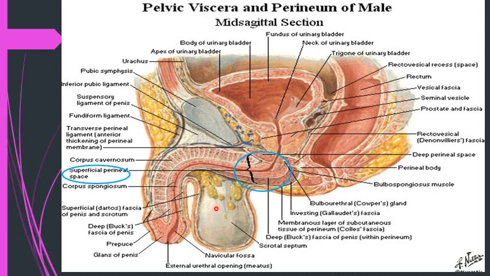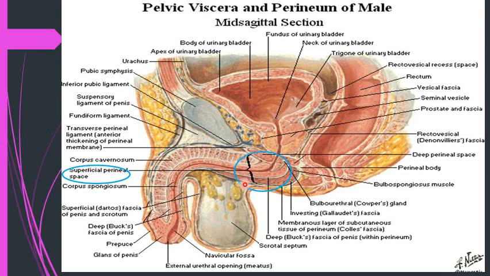So we say that the superficial perineal pouch is communicating anteriorly with the space of the scrotum. It is continuous and communicates with the space of the penis, which is along that superficial fascia, and then it is continuous and communicates above with the anterior abdominal wall between the superficial fascia and the fascia covering the muscles of the anterior abdominal wall. So this is the line of communication, you can see very easily.